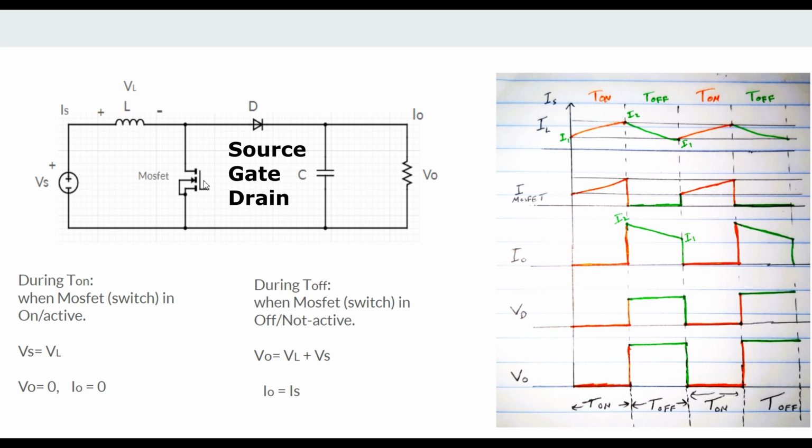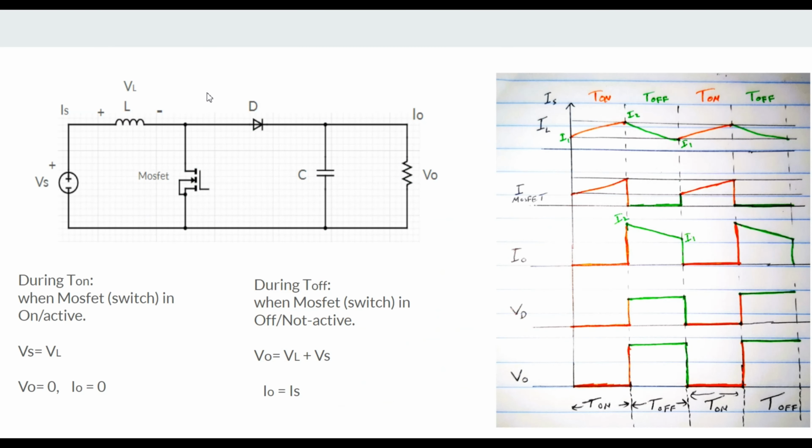Just imagine it is having emitter, base, collector, something like this. We can call it gate or base. The time by which we turn on and turn off this MOSFET will decide what the output of this circuit will be.